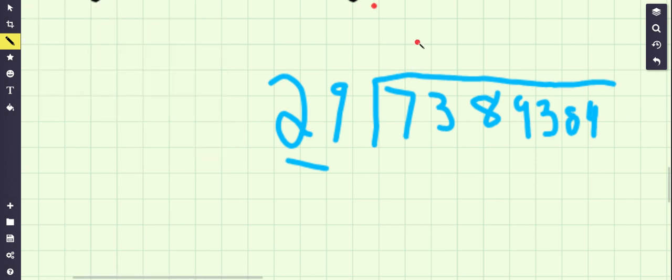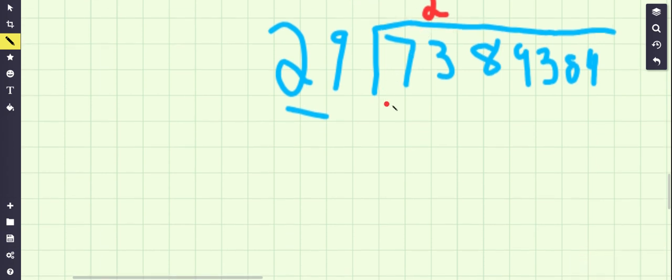So, about 1 time. 29 times 1 is 29, so we're going to subtract 29. Now 53 minus 29 is equal to 24. 29 cannot fit in 24.